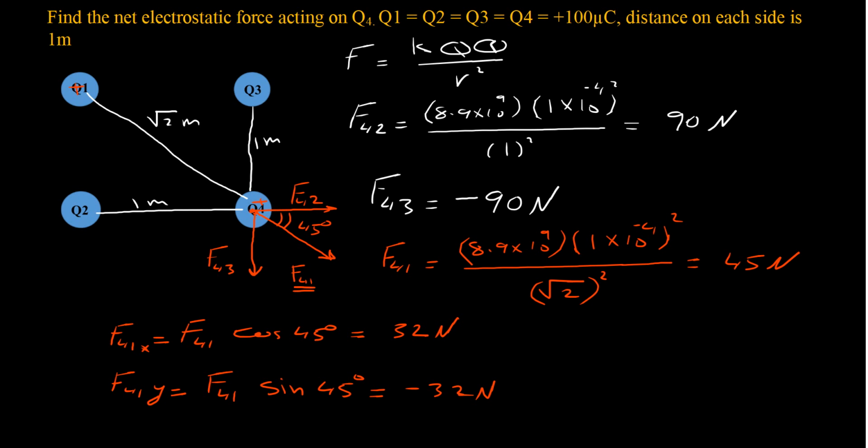Okay. Now, to make it more clear, let's have another page. This is the scenario I have. I have, let's use the blue, my charge Q4. I have F42. I have also F43.